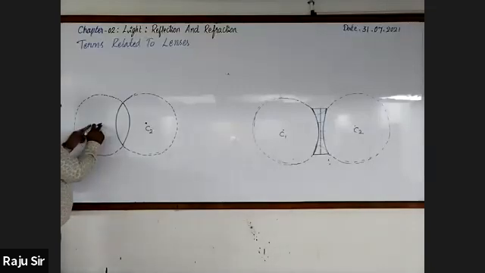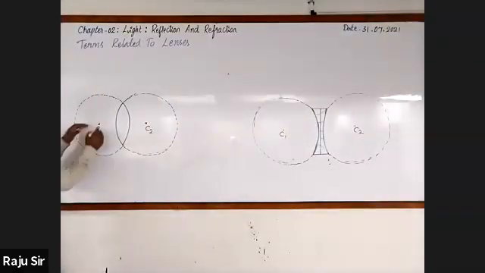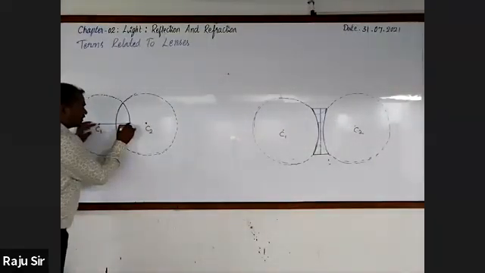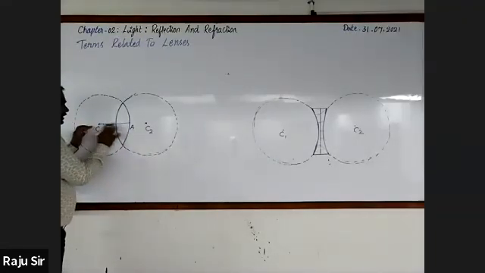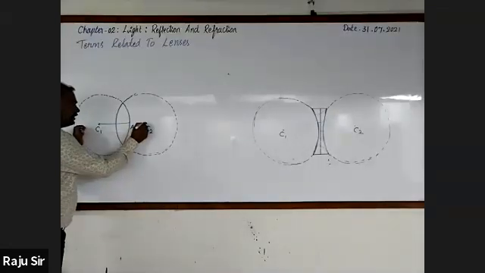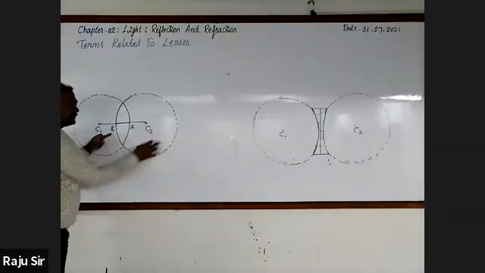Then what do you call the radius of the imaginary spheres? Radius of curvature of lenses. Two spheres are there, so obviously we'll get radii of curvature. Look, this is the radius. I call it C1A, the radius of the first imaginary sphere, and C2B, from C2 to B, is the radius of curvature of the second sphere.